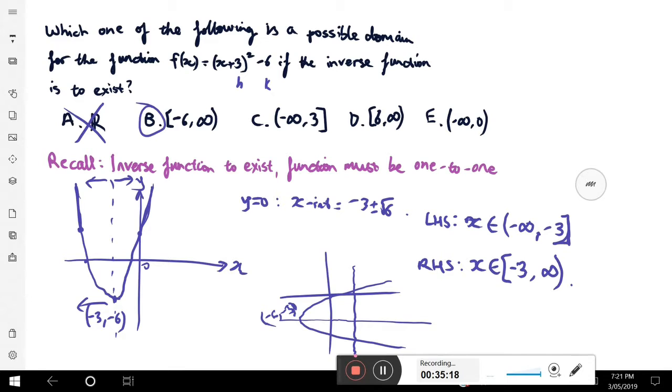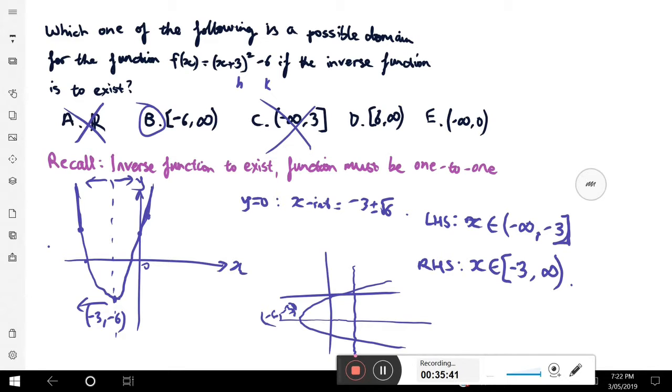So C is negative infinity to 3. We already said negative infinity to 3, you're going to be here. You started from the left-hand side, you went over to the right-hand side, you're going to double up on values, so that's wrong.